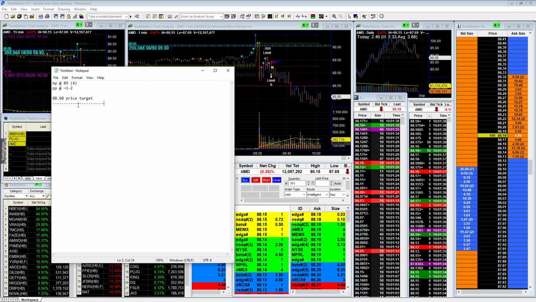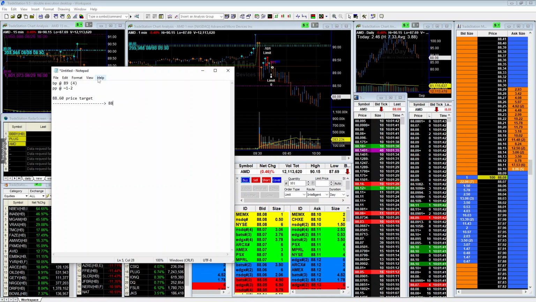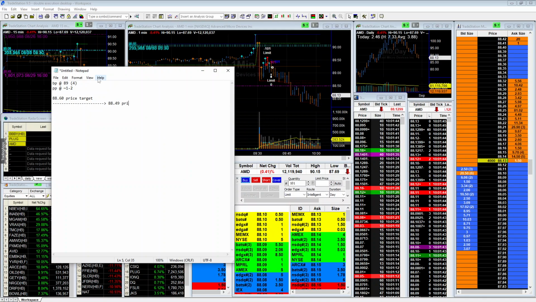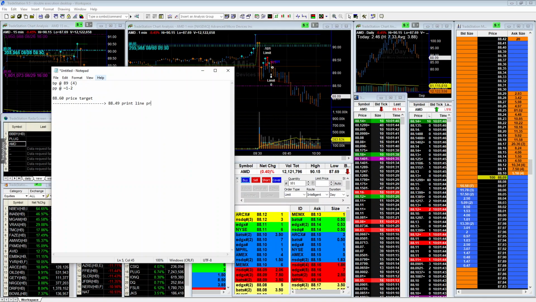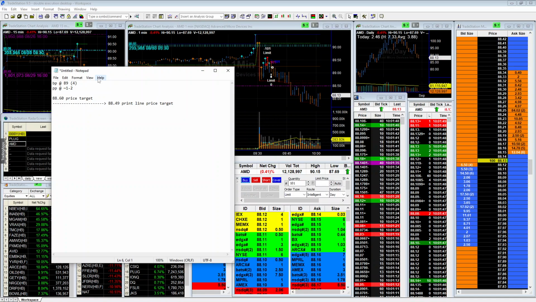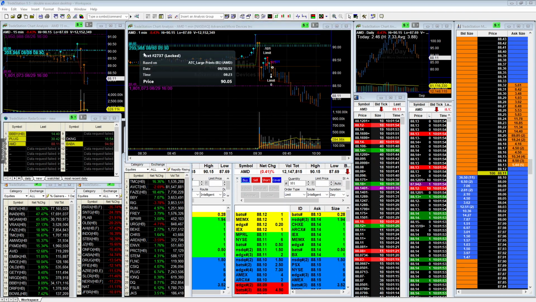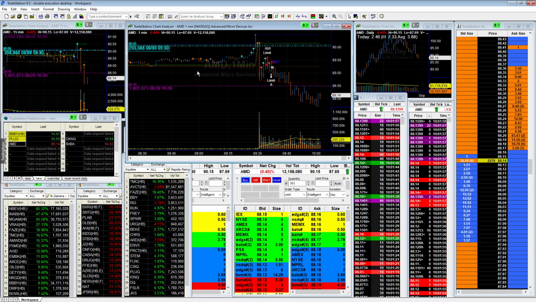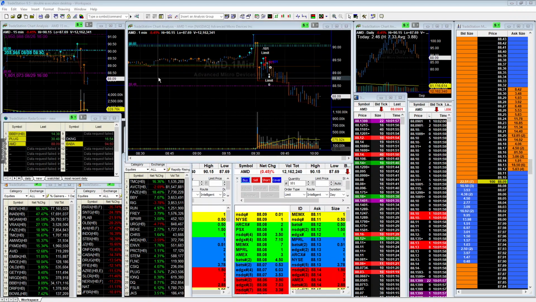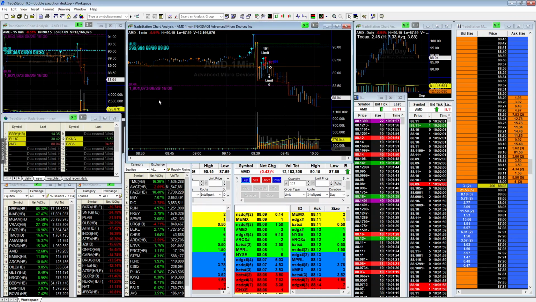I'm going to use the 88.49 print line, especially because this print line is 1.8 million versus 200, 300, 400,000. That's more than triple, quadruple, right?